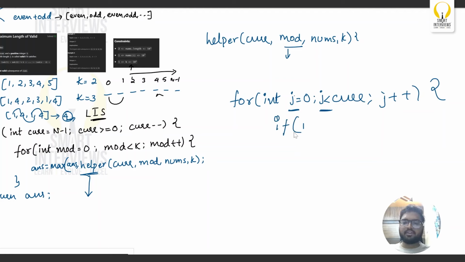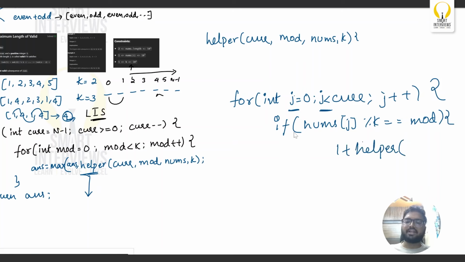So if your nums of j mod k is equal to the modulus you are passing here, if it is equal, then you will be incrementing something and you will be writing here helper. What will be your current mod?